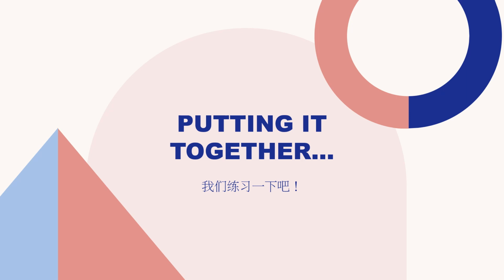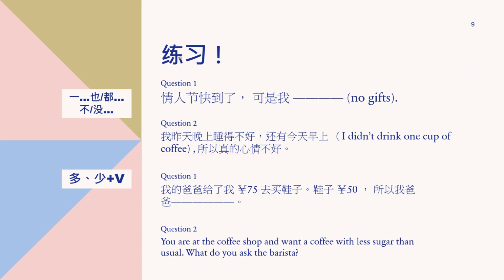All right, so let's put together what we learned and do a little bit of 练习. All right, so in this one, we'll do a little bit of 翻译. 翻译就是 translation, but not always translation.